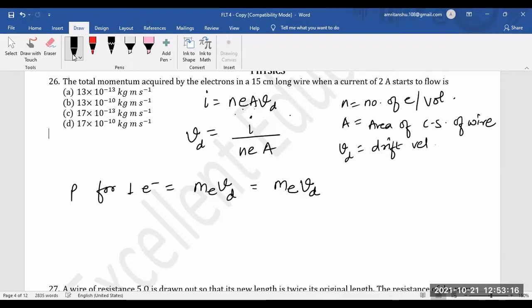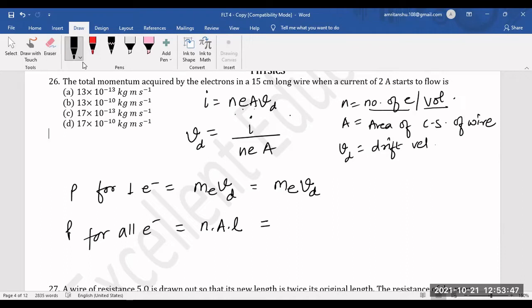For n number of electrons, let's say this wire has n electrons. See, n is the number of electrons per unit volume, so if this n is multiplied by volume, we'll get the total number of electrons.